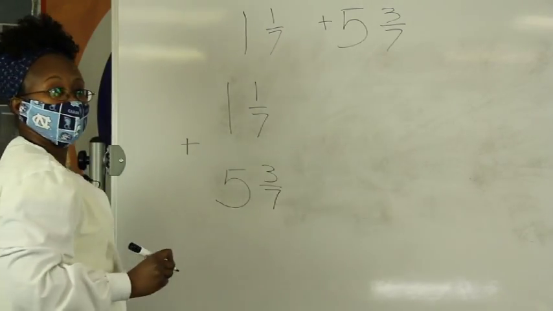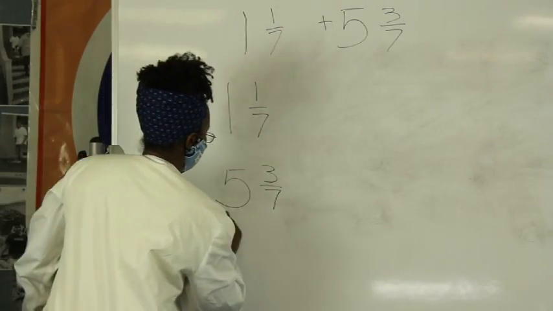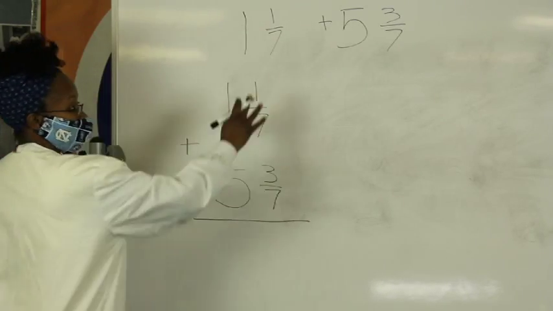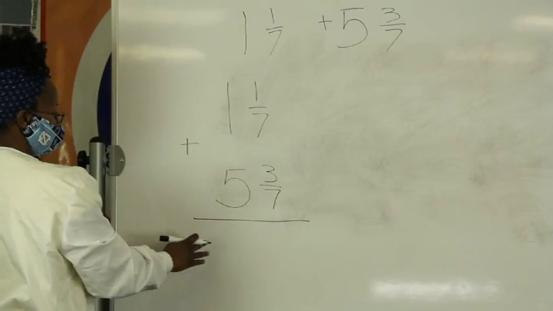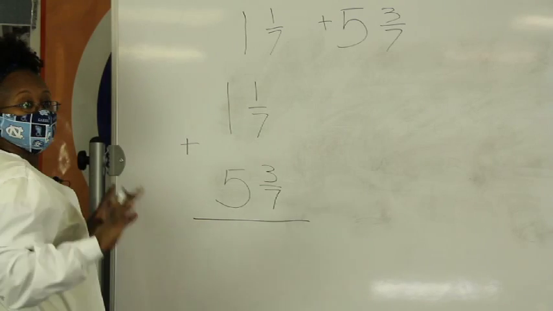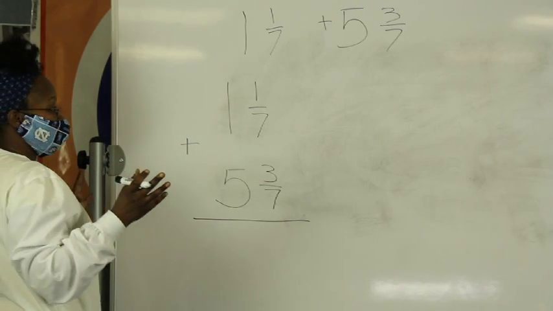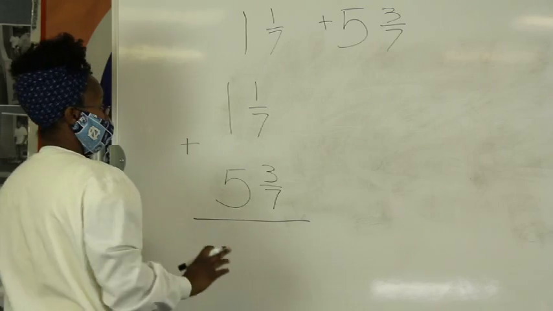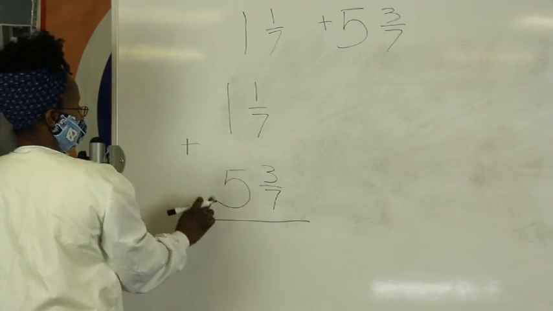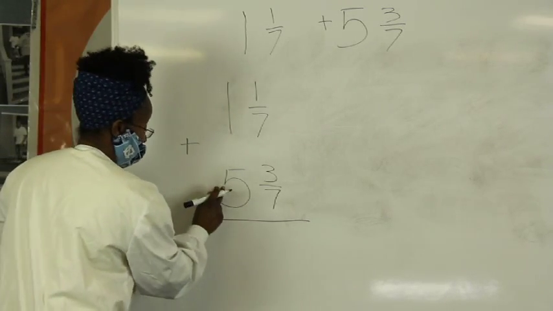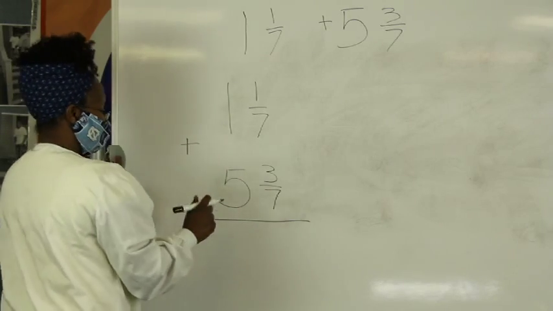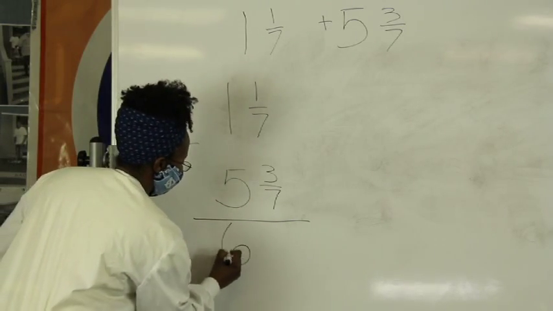Let me tell you why it's a good reason to do it that way. It doesn't mean you can't do it that way, but here, now you can do a little bit of addition the way that you have already learned how to do it. You can go 1 plus 5, excuse me, I gave you the answer, equals 6.